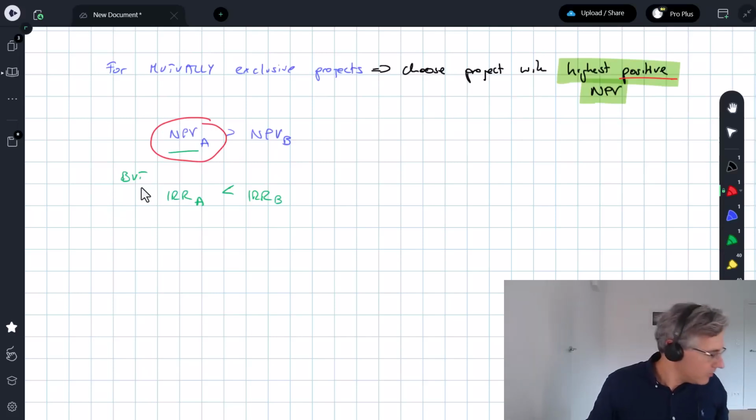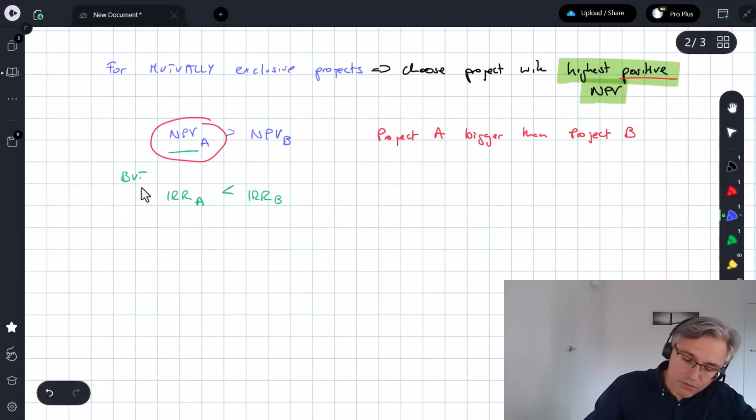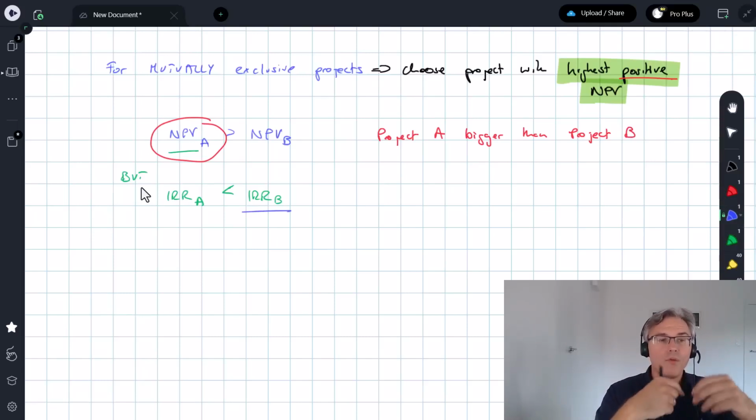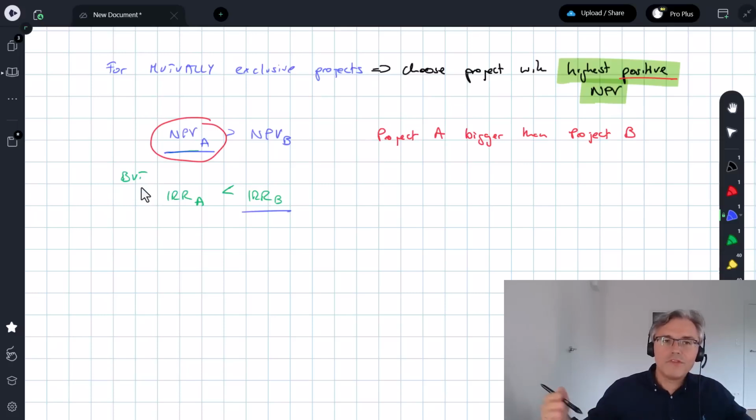The easiest and most typical setup is that you may have project A being bigger than project B, in terms of its size. And although B itself is more profitable in terms of generating a return on the capital invested, an IRR, A is still generating more value because it's, for example, twice as big.